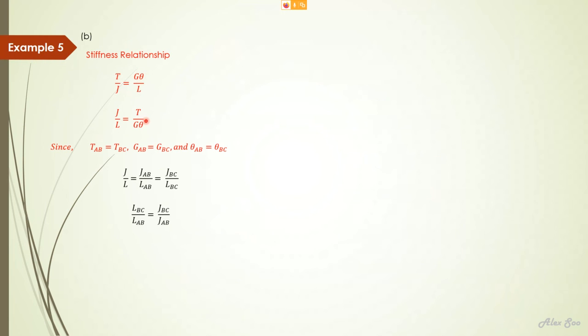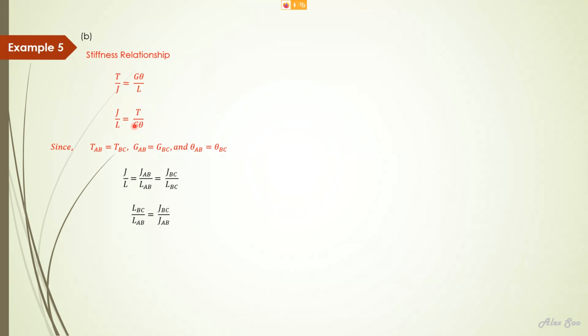If theta is the same, you can put theta as the subject and then equate the theta for both. We know that the torque is also the same. The G for both shafts is the same because they are made out of the same material.